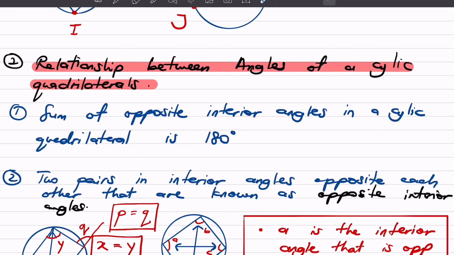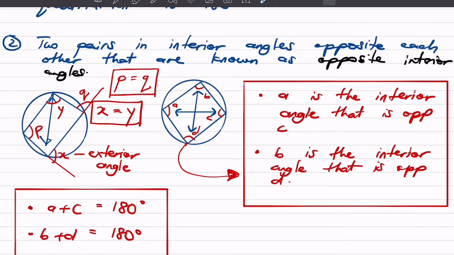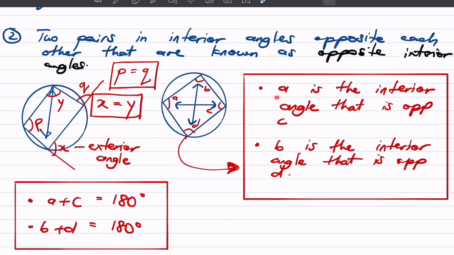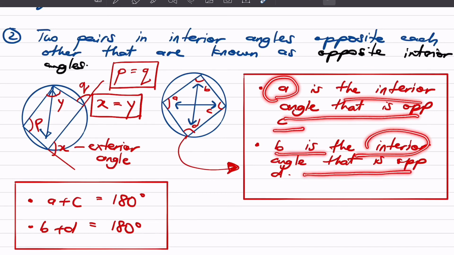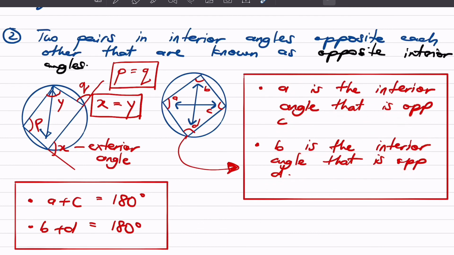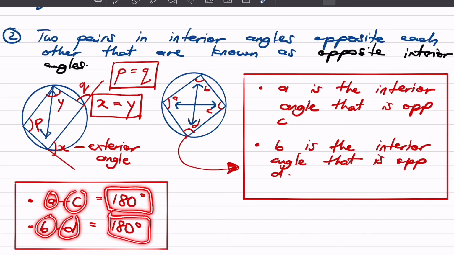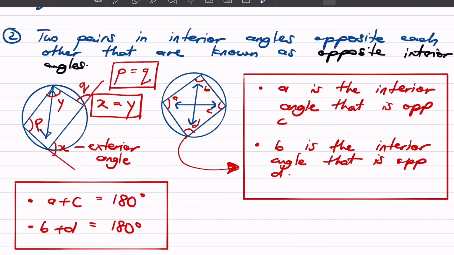And number two, two pairs of interior angles opposite each other are known as opposite interior angles. You must know that A is the interior angle opposite C, and B is the interior angle opposite D. So when A plus C, you'll get 180, and B plus D, you'll get 180. Both AC and BD are opposite to each other.